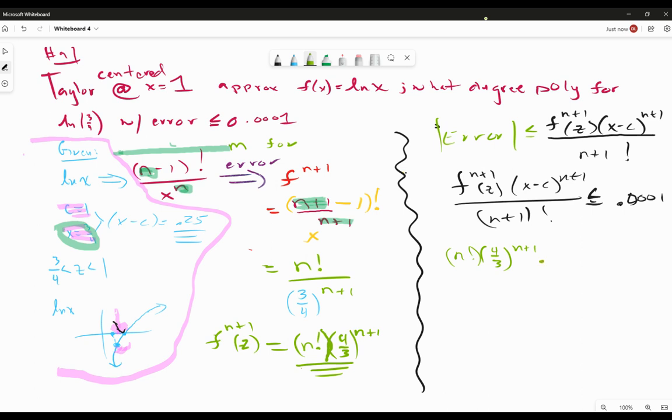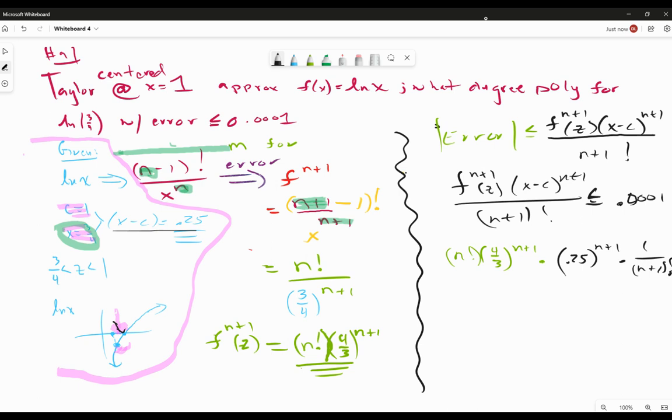Then I'm just going to break these into pieces. I'm going to leave x minus c, but we already know what x minus c is, which is 0.25. So 0.25 to the n plus 1, times 1 over n plus 1 factorial.